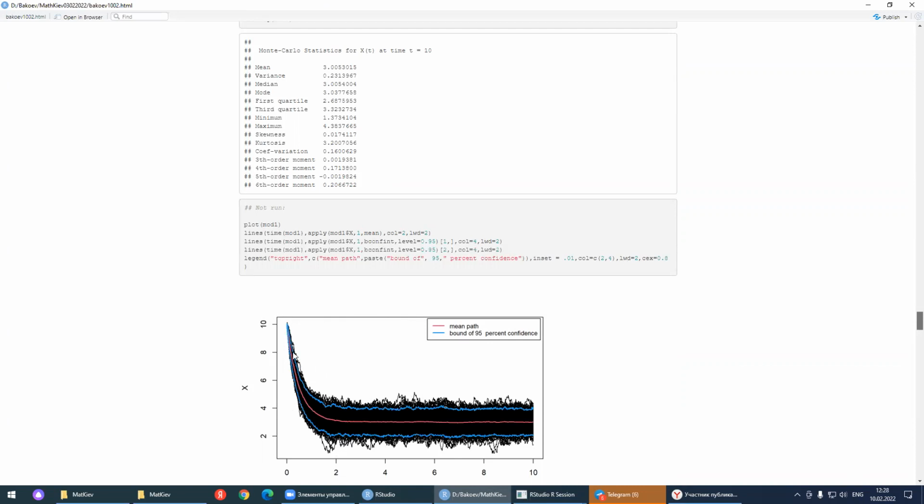And the red one is the mean value of this sample, and the blue ones are the lower confidence interval and upper confidence interval for the solution of this stochastic differential equation.